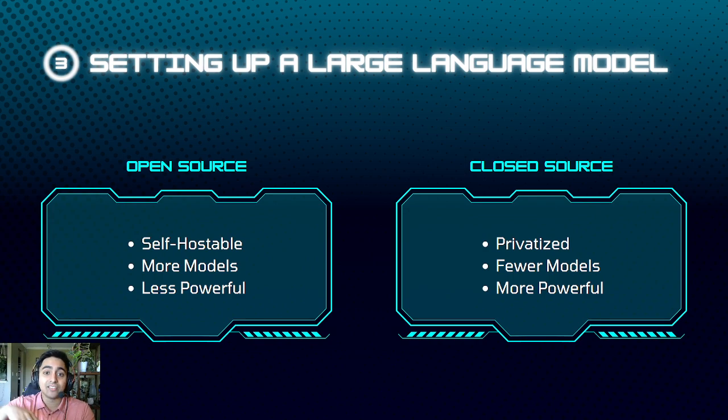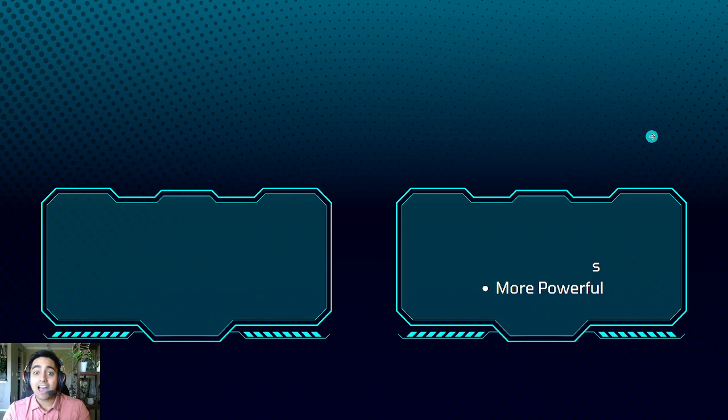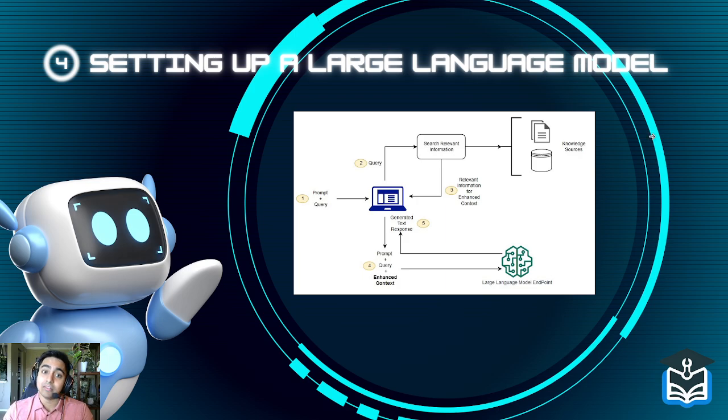So if you have privatized data, maybe HIPAA data in the healthcare space, or FERPA data in the education space, something that we face with Tailored Tutor, you have to be really careful with what you're passing to the large language models, because they're going to train on this data and now they have access to it, and now you've just leaked private data. That would be a HIPAA or FERPA violation. You can't do that with closed source models.